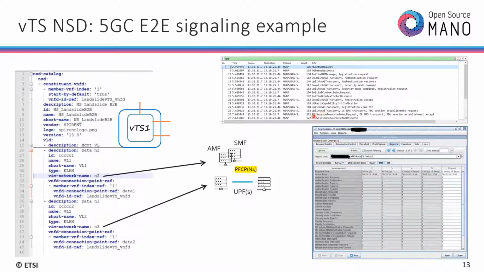When you run your test, of course you have the ability to have some packet capture traces like this one, but also you have a big range of counters that are available for each of the interfaces that you're emulating. In this case, as I was saying earlier, we were emulating mainly the 5G access network, exposing the N2 and the N3. So here you could have some counters related to those different interfaces.